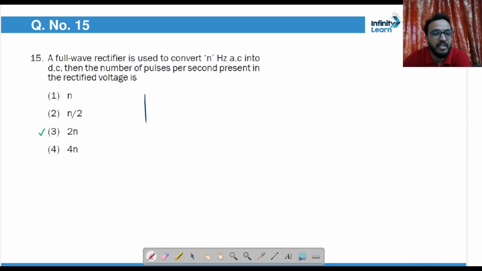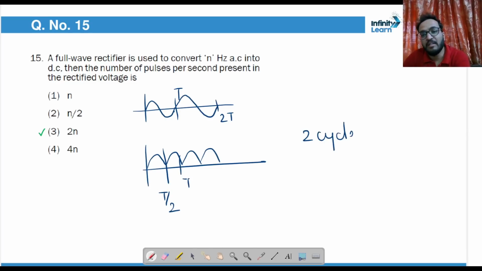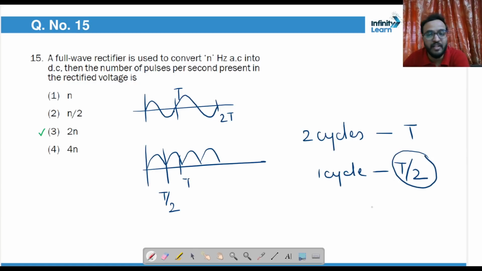Full wave rectification. See, if I talk about this wave, in time t there is one cycle, another cycle in time 2t. But when it gets rectified, one cycle is completed in t by 2 only, and in time t there are two cycles. So what happens, if the time period is halved in full wave rectification, the frequency will be doubled, right?